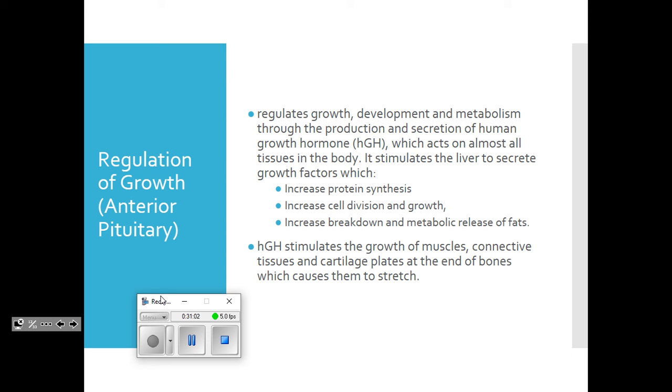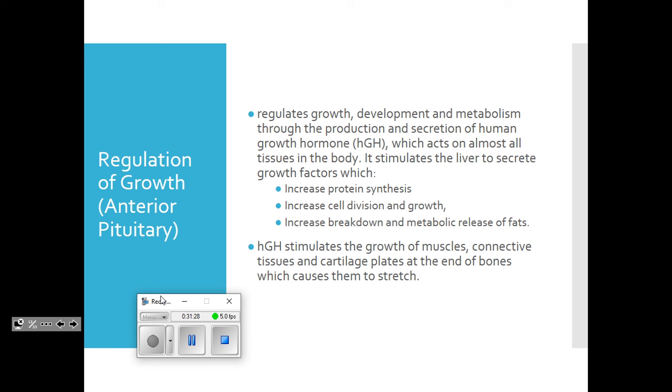So even though it stimulates all your tissues, if I had to pick one, liver is a good example of something specific. In your liver, there are growth factors that are stimulated. They help increase protein synthesis. So make more proteins. Why? That's what stuff is made out of. Proteins are the building blocks. If I want to make more cells or make more structures, I need to make more proteins.